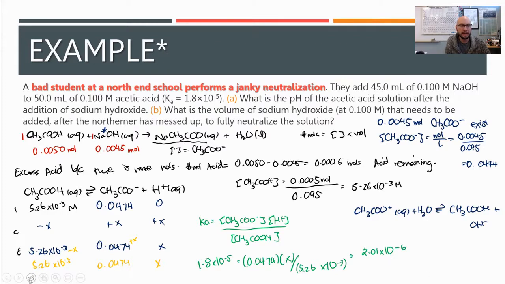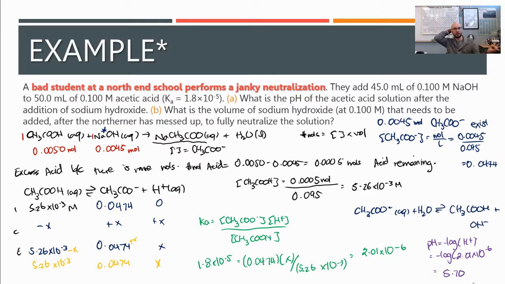So then our last step with this is a pH calculation. pH is equal to negative log of H plus, which is equal to negative log of 2.01 times 10 to the negative 6, which is equal to 5.70. Okay.